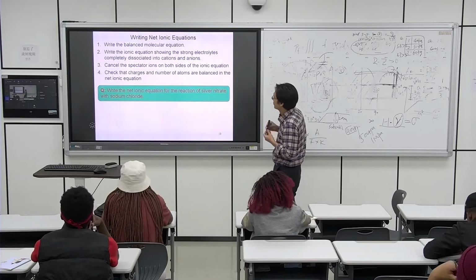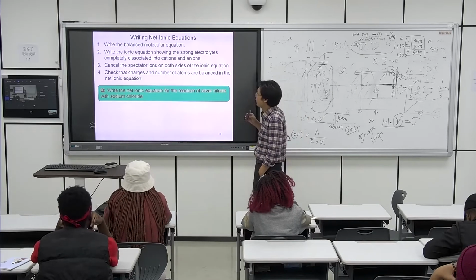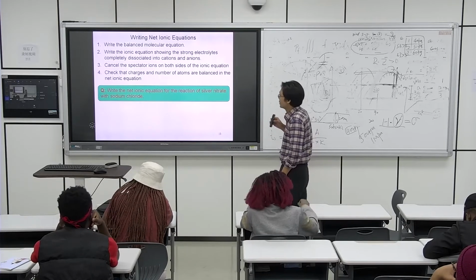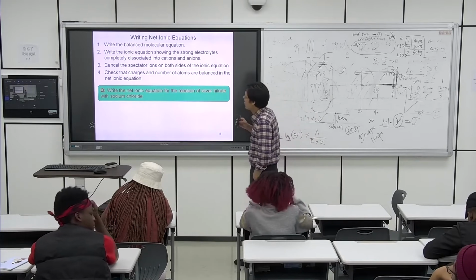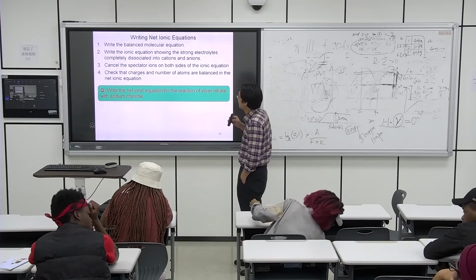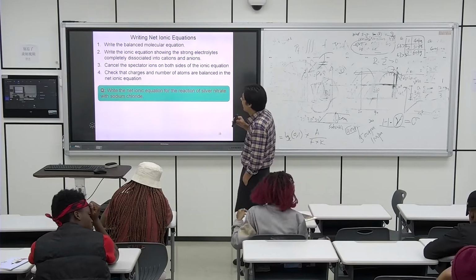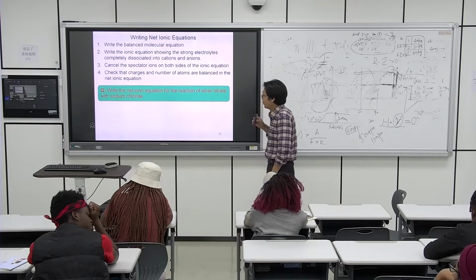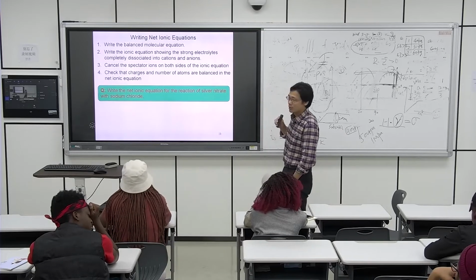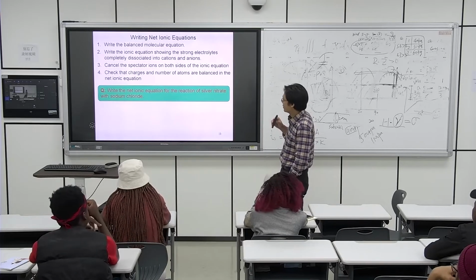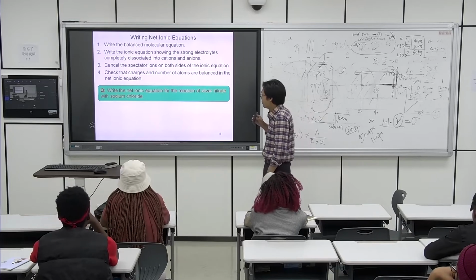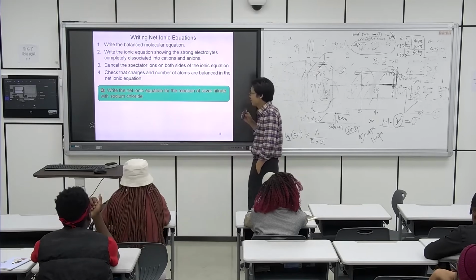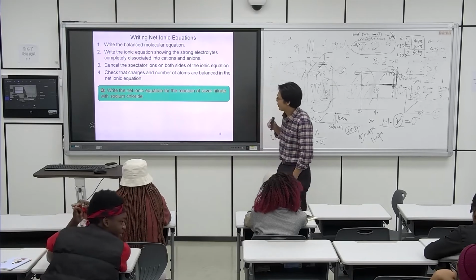Here we show how to write ionic equations. Basically, the first step is to write the balanced molecular equation, and then we write the ionic equation. Then we can cancel the spectator ions, and check that the charges and numbers of atoms are balanced in the ionic equation.